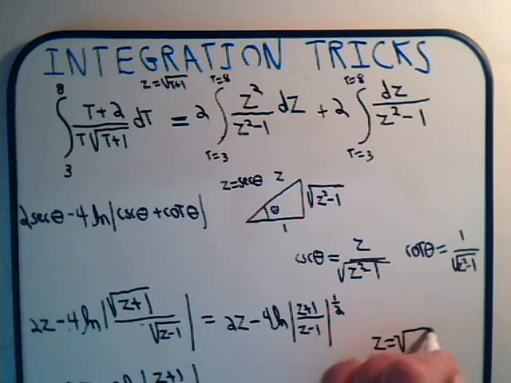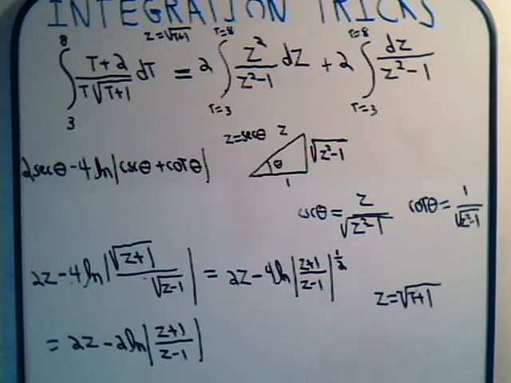Z equals the square root of t plus 1. And furthermore, once we replace the z with this expression, we have to put the limits in, which means we evaluate at t equal to 8 minus t equal to 3. So let's change this to a plus sign. This would be equal to 2 times z plus 2 times the natural log of the reverse of this, z minus 1 divided by z plus 1.